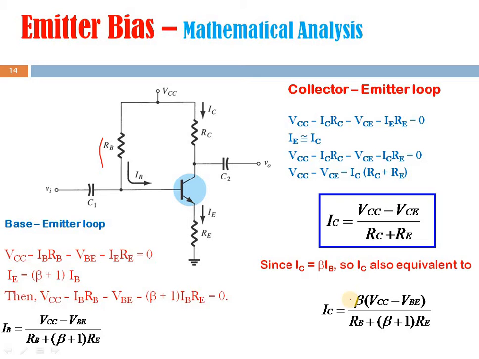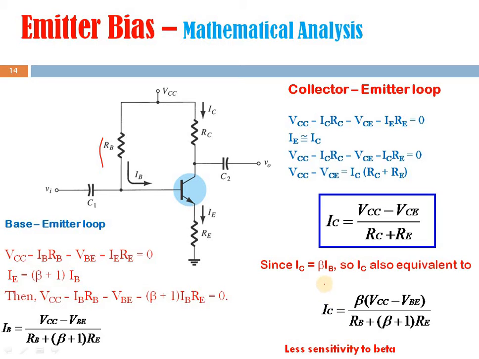So whatever increase was there in the beta, exactly the same increase was there in the IC, but here the beta is increasing, so this part is also increasing, so the net increase is not that much which was there in case of the self bias arrangement. So you can say that this arrangement is less sensitive to the beta.